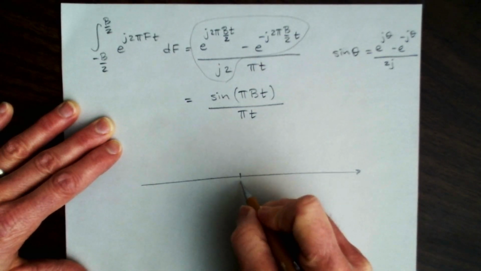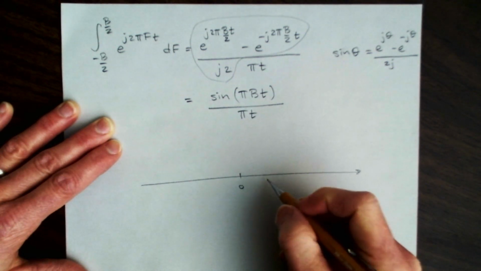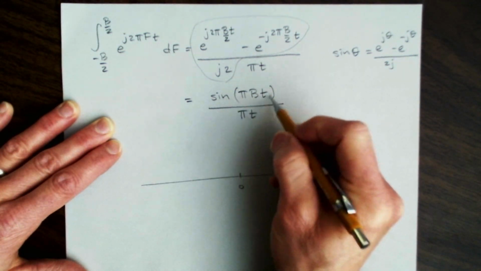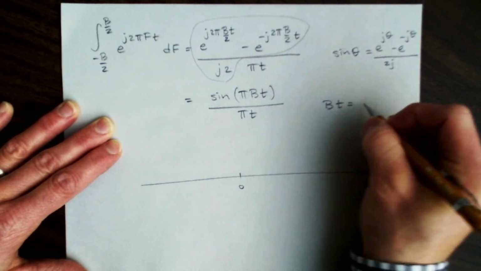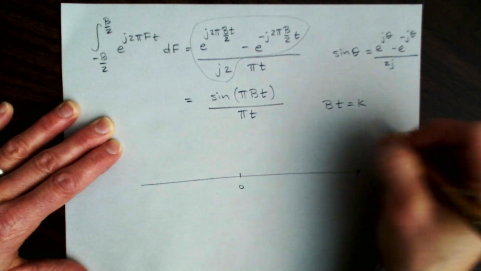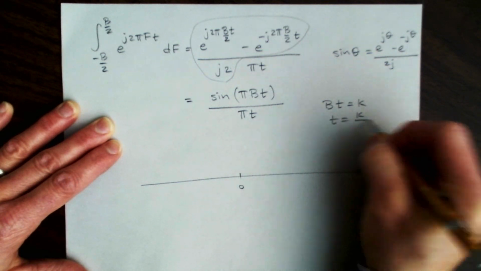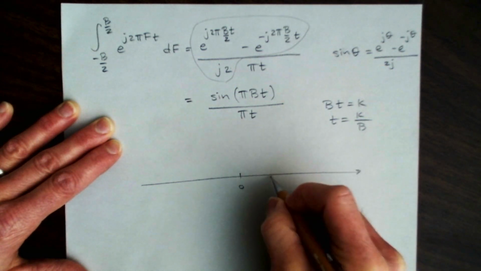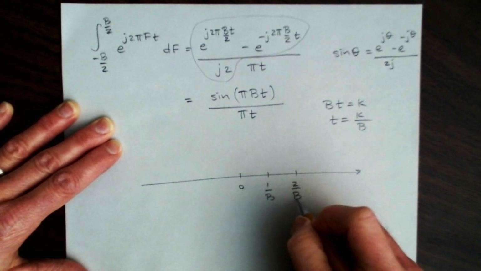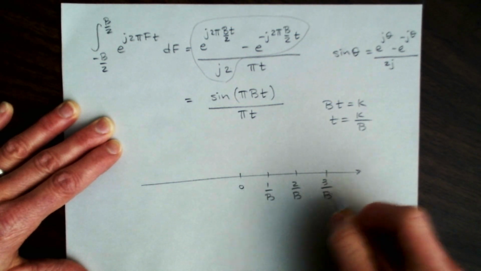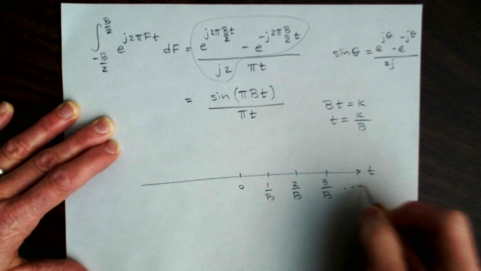We know that the sine function crosses 0 whenever the argument is equal to a multiple of pi. So bt is equal to some integer k. That's going to occur at integers k over b. So if we line these up, here's 1 over b, 2 over b, 3 over b, and so on the t-axis.